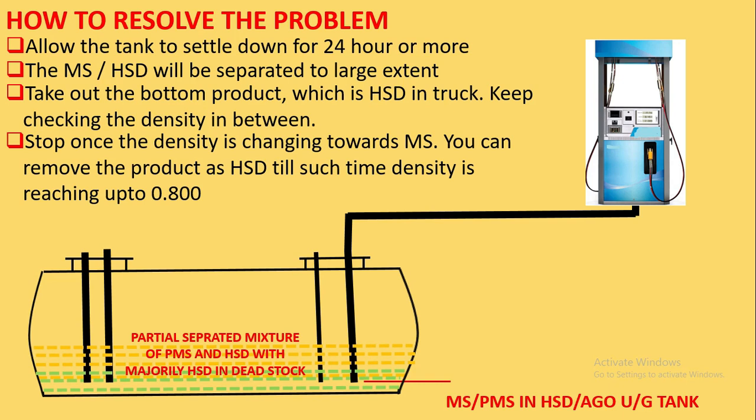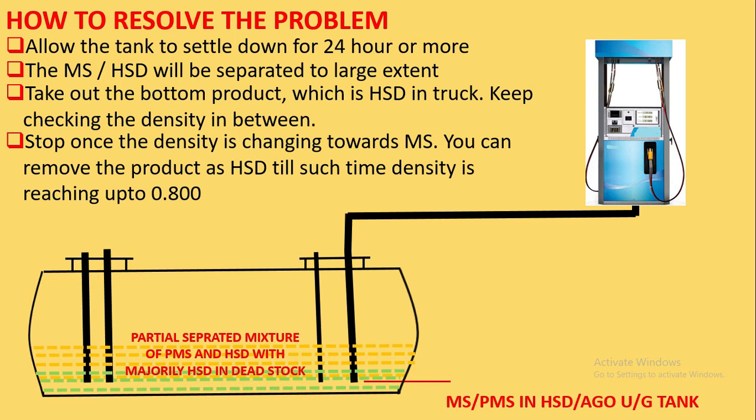That means after this you will be receiving the MS plus HSD, which will definitely not meet the HSD requirement because the density is well below 0.800. So the contaminated product, which was purely or majorly HSD, you have taken out into one compartment of a truck.